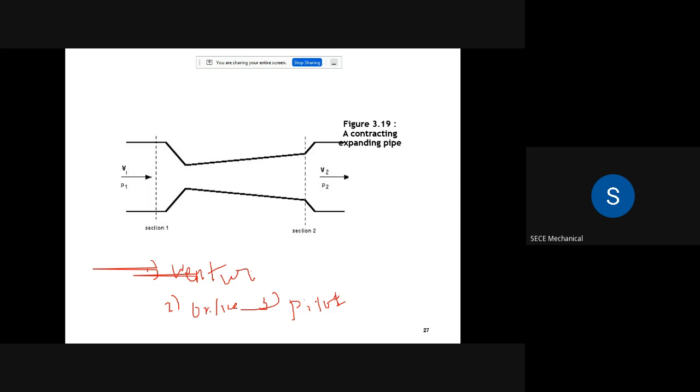So the next set of applications that is called as momentum equations we have to look upon. So say for example, apart from the continuity equation and Bernoulli's equation, the next set of equations is called as momentum equation. So momentum equation, that is Newton's second law of motion, that is F is equal to ma, right? So the term F is equal to m into a is called as a momentum equation.